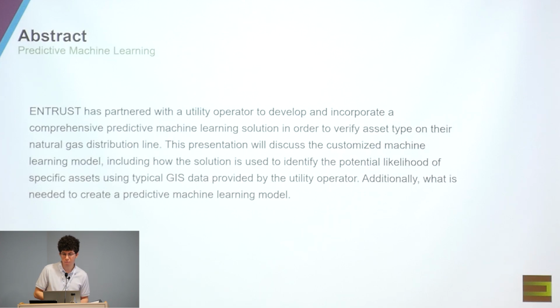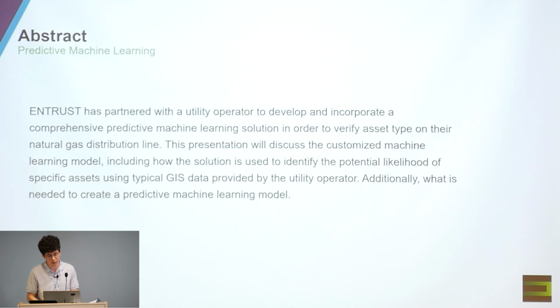So my experience working with probabilistic models: the Entrust Data Solutions team partnered with a utility operator group to develop and incorporate a comprehensive predictive machine learning modeling solution in order to verify specific at-risk assets that are on their transmission natural gas distribution system.